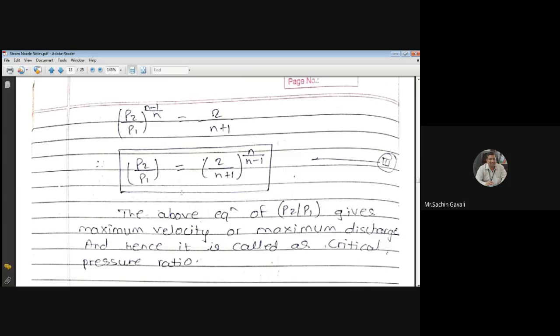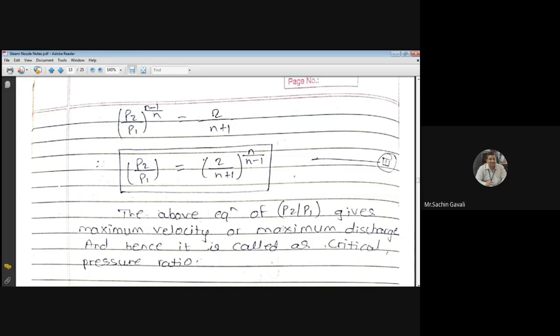And this value, we have defined as one pressure ratio for which the flow rate will be maximum or velocity will be maximum. So that pressure ratio, we are calling it as a critical pressure ratio.